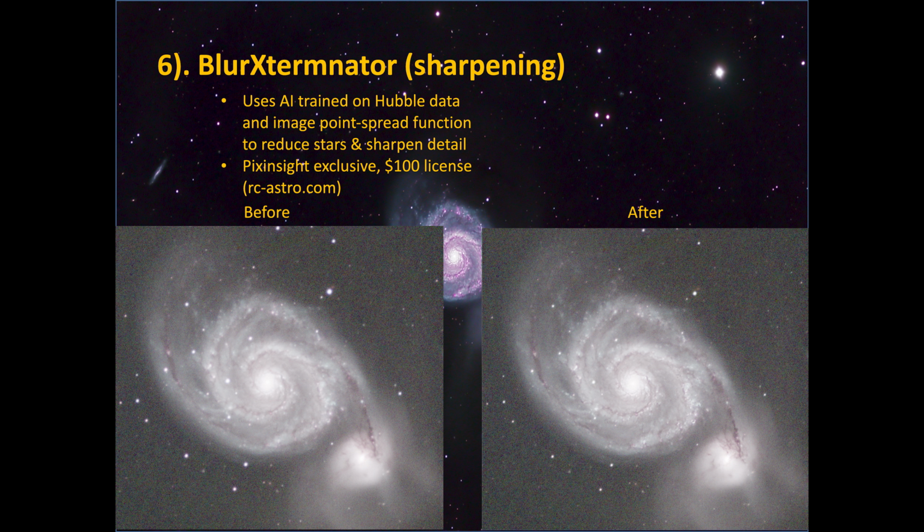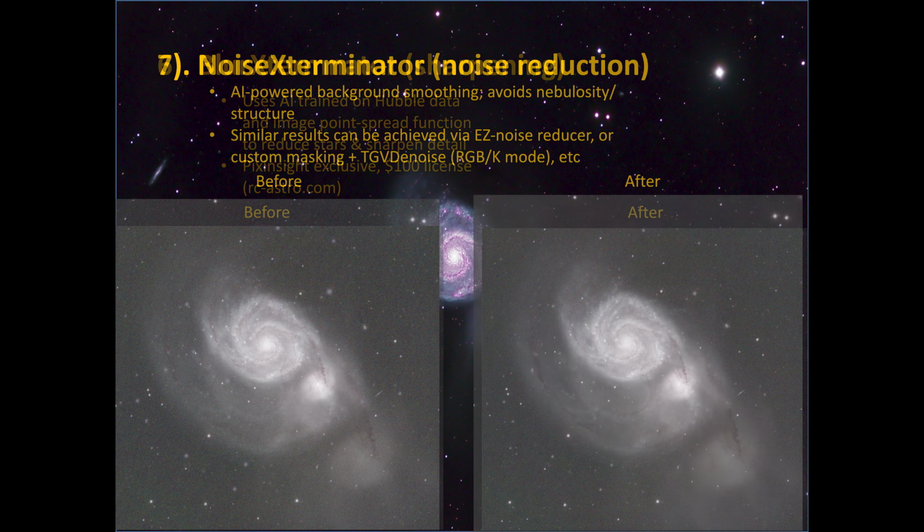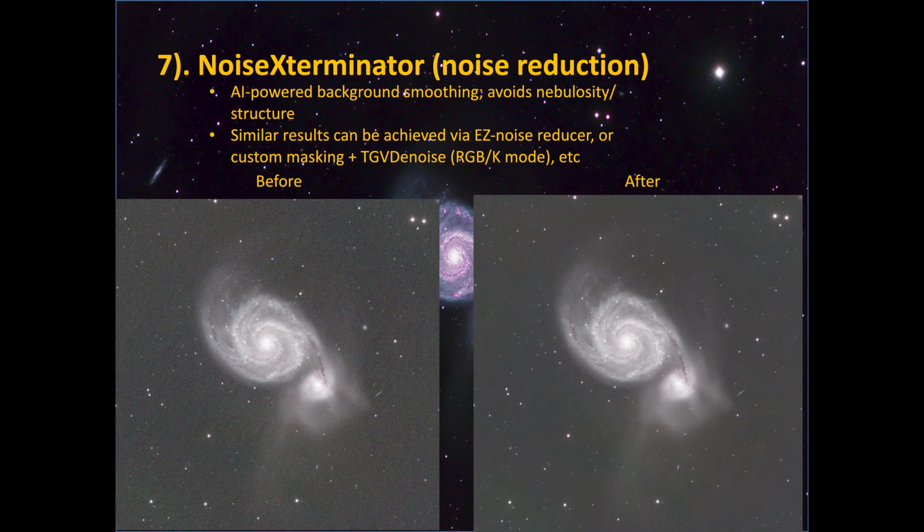In the same vein, you then move on to your noise extermination. Same idea, it's AI based. It protects the structure in your image, and as the name implies, reduces noise everywhere else. You can see this one's pretty dramatic. The noise in the before and the after, you get a nice smooth background, while the galaxy and the stars remain sharp.